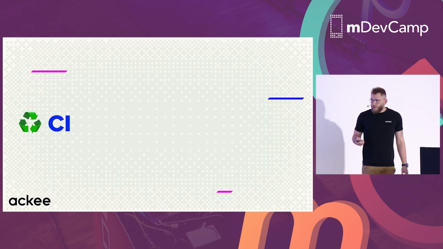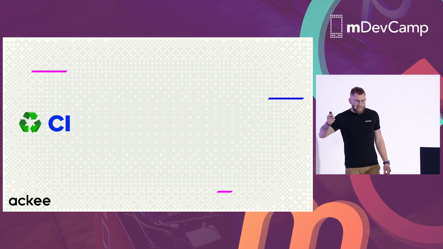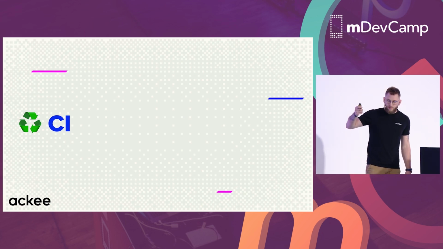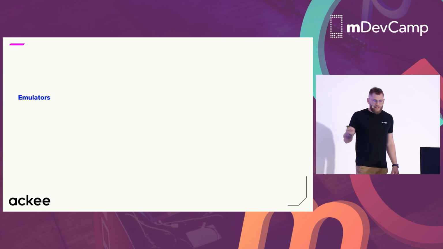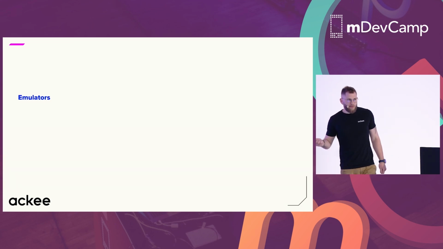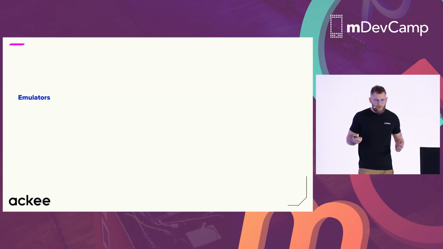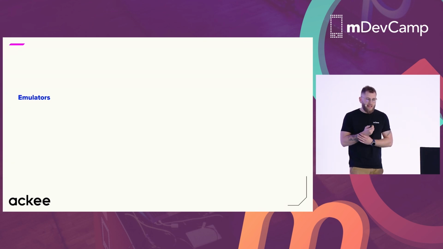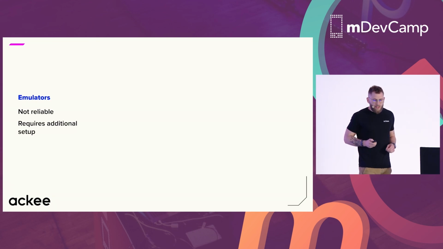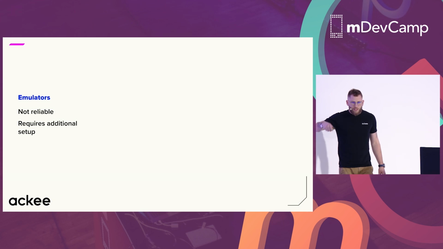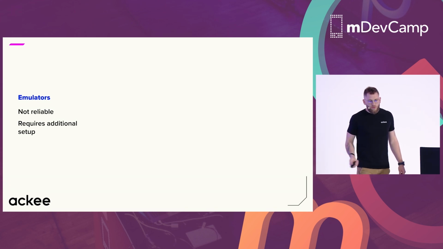Okay, so what now? Because we want to run the tests on a CI, and what options do we have? The first thing is that we can use the Android emulators, but as Android developers, you know that emulators, especially on a CI, are not a really reliable solution. They usually require some additional setup. Usually you need to write some shell script which will wait until the device boots.